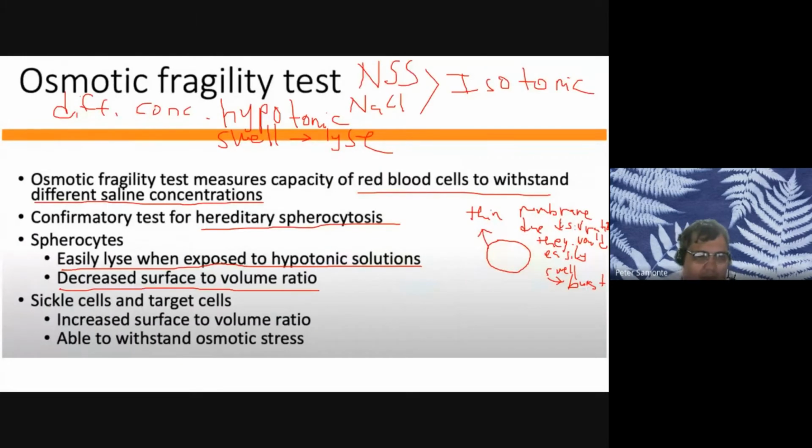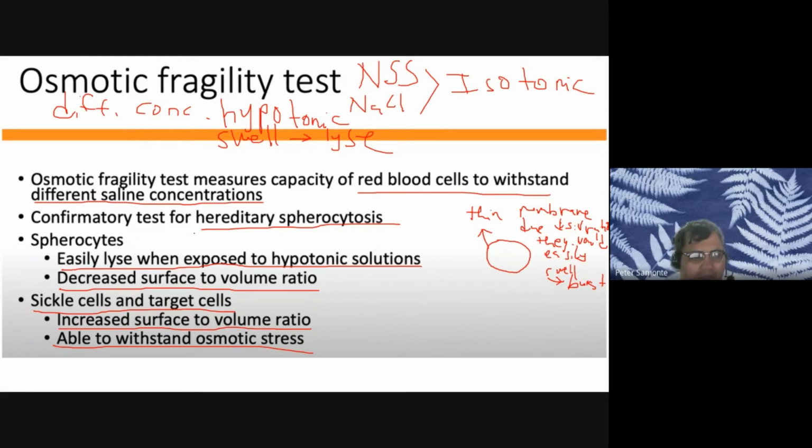Now, a counterpart of this would be your sickle cells and target cells. Your sickle cells and target cells, class, have increased surface to volume ratio. Thus, they are able to withstand osmotic pressure. Again, your osmotic fragility test would measure the capacity of red blood cells to withstand different saline concentrations.